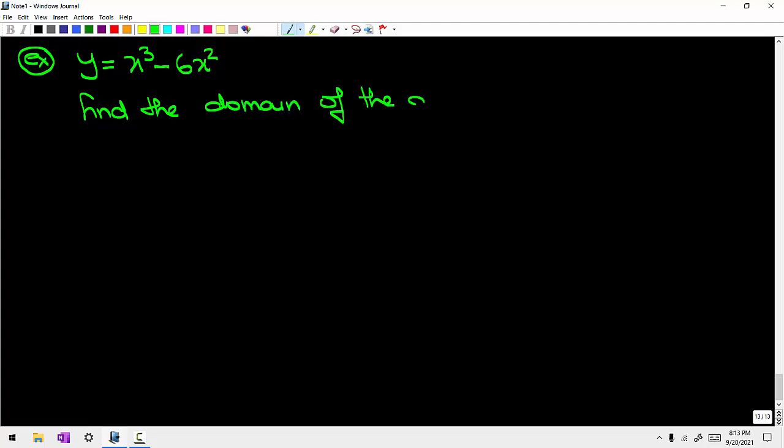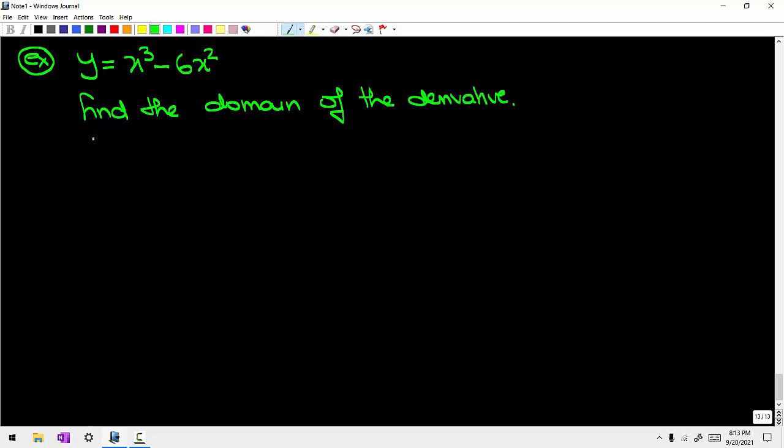Let's do one more. Okay. Let's say that if they gave us this y is equal to x cubed minus 6x squared. And they want us to find the domain of the derivative.